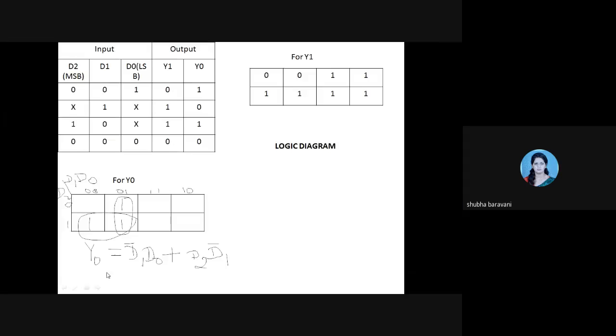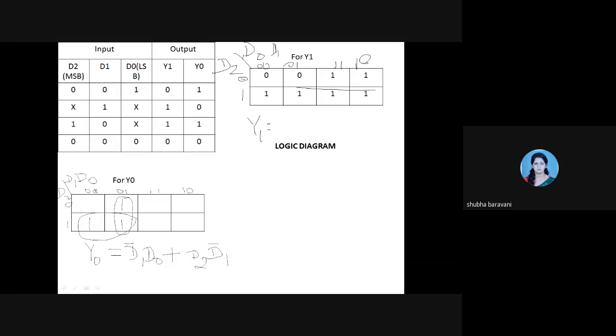Okay, let me do that y1. ये आएगा आपका d2, d0, d1. You all are supposed to put the k map. I am directly writing the answer. It is 0, 1, 0, 0, 0, 1, 1, 0 and I get 1, 1.